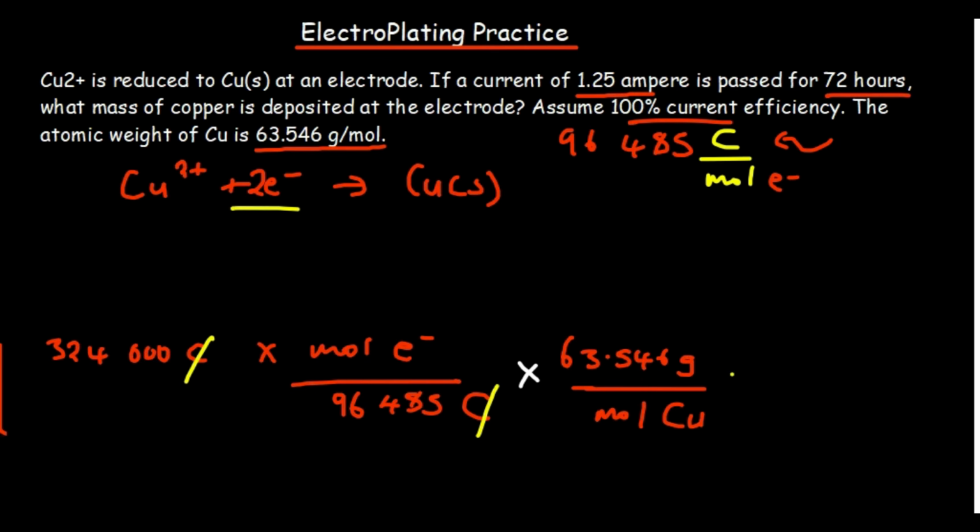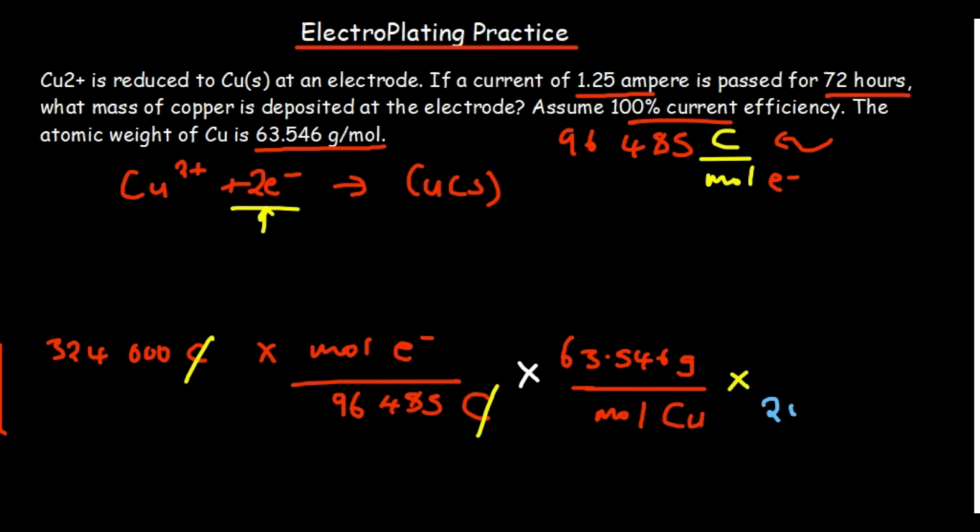Now we need to pay attention again to the actual equation. So you can observe actually that there are two electrons, okay, two electrons that are being gained per every mole of copper formed. Okay, so now check that the mole of electron is on top there, so we have to have it down.